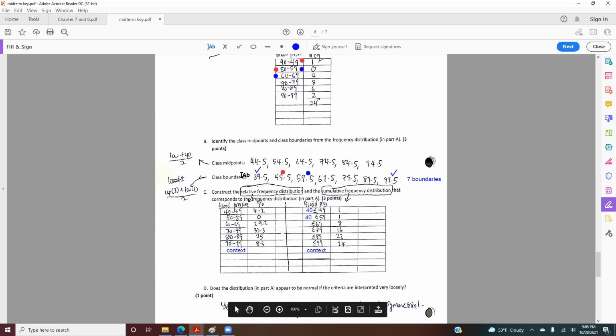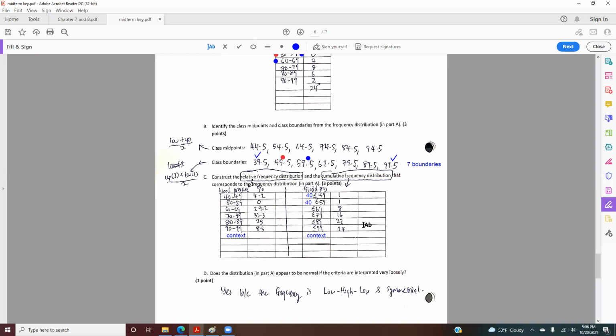So I just want to say to the class, every time you build a frequency distribution, relative, cumulative frequency, you need to have something that corresponds to it. You cannot just have it by itself. Prof, I didn't know that. If you didn't know that, don't say I'm your teacher, because everyone looks at you like, what are these numbers? Yes, Lawrence? I didn't know that too.